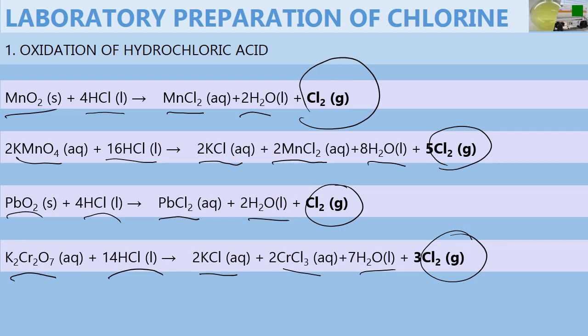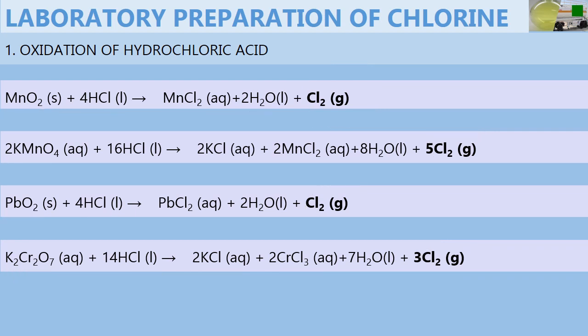For example, in the first equation, manganese forms manganese chloride. In the second equation, potassium forms potassium chloride, while manganese forms manganese 2 chloride. The rest are just the same.